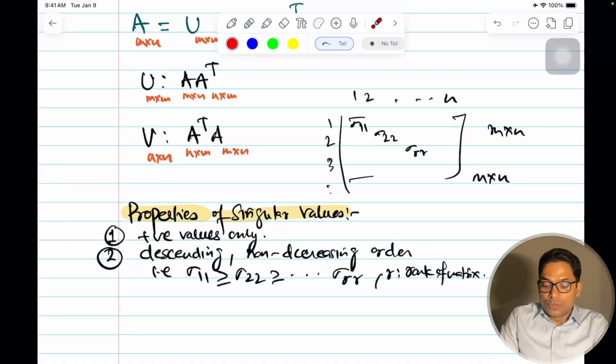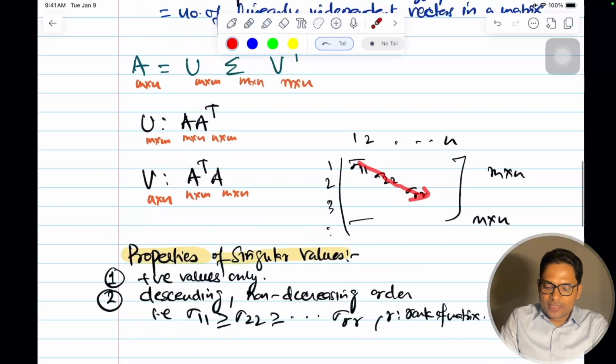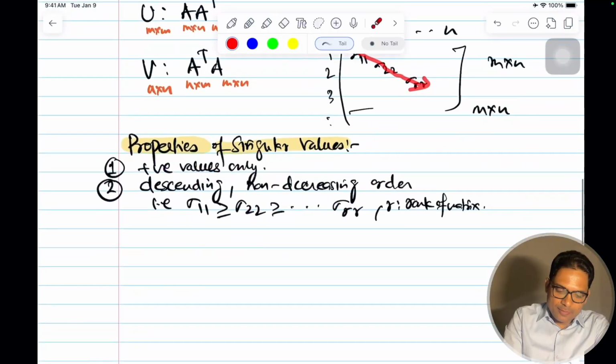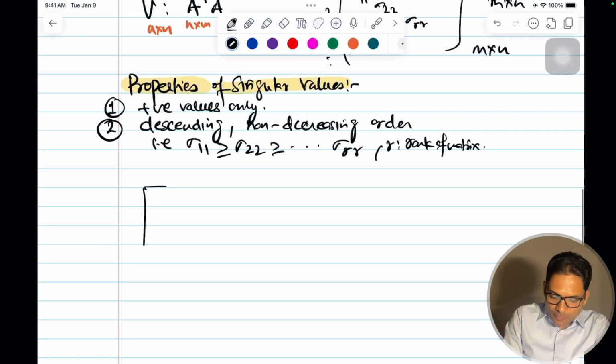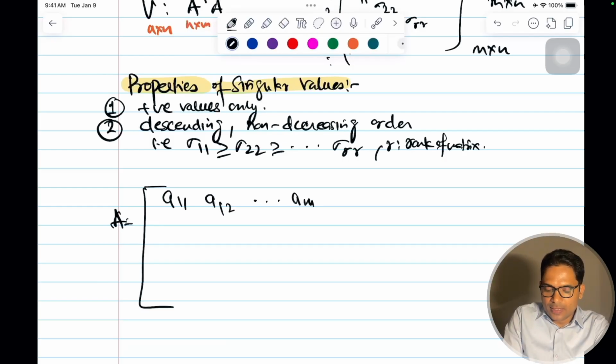Okay, so the rank of the matrix, say for example, as I mentioned, if there is a matrix A11, A21, this is A, A12 like this till A1n, this is 1, 2 till n, and then you have Amn, this is an m cross n matrix.